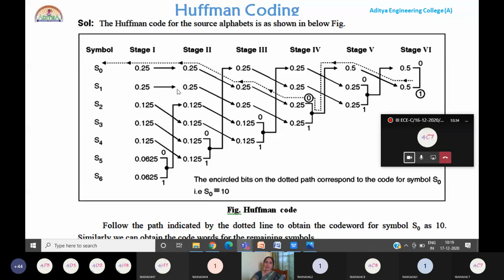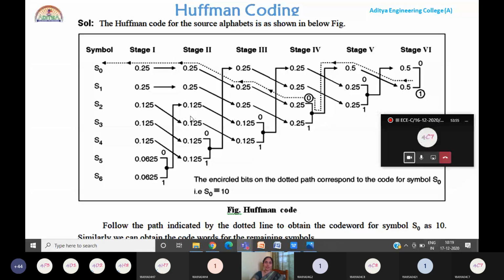It should be represented in decreasing order only. So the probabilities are once again rearranged in decreasing order, relocating the combined factor to the highest position if we have similar probability values.